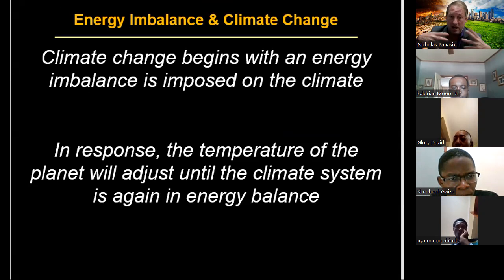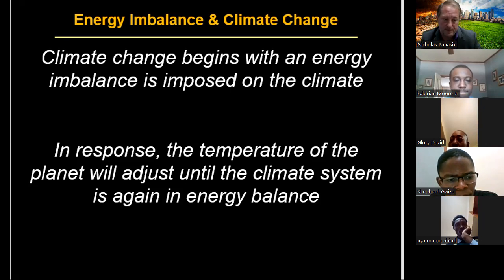Okay. And in response, the temperature of the planet is going to adjust until the climate system is again in energy balance, right? So the climate we see today is a response to energy in versus energy out, and trying to put that energy flux into balance.